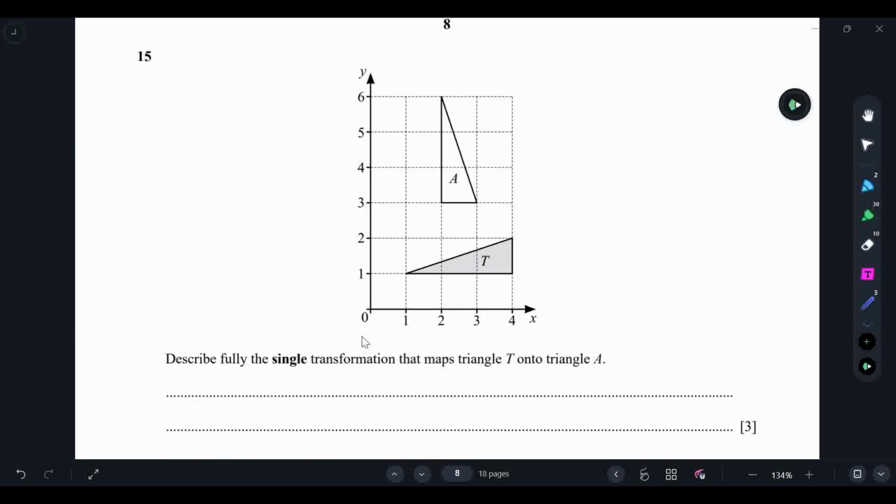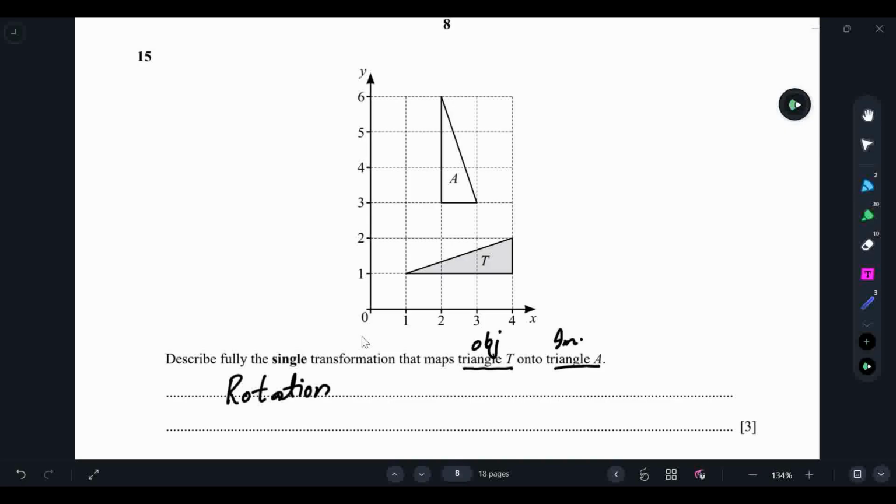Describe fully the single transformation. Now we know that this one is not enlargement, not translation, not reflection. So definitely this one will be the rotation. Now we need to understand whether it is clockwise or anti-clockwise. We know it is triangle T onto triangle A. So triangle T is the object, the original shape.